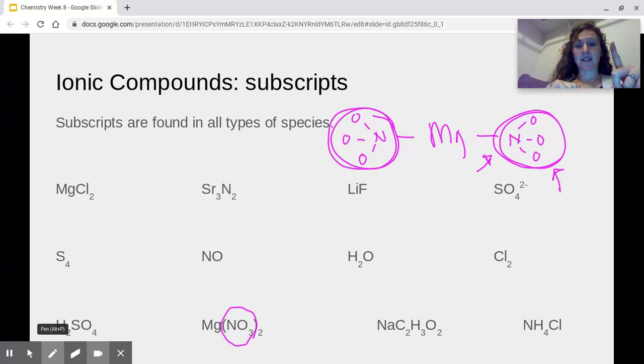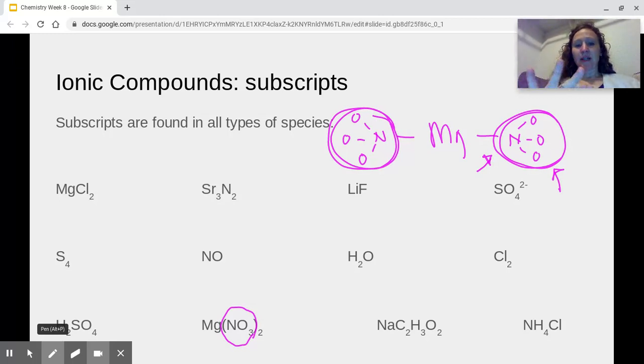We have 1 magnesium, we have 2 total nitrogens, we have 6 total oxygens. So subscripts always describe the thing that they're directly behind, whether that's an atom or an ion or a parentheses that's containing something else. It can double or triple or quadruple a whole polyatomic ion, like in the case of nitrate.